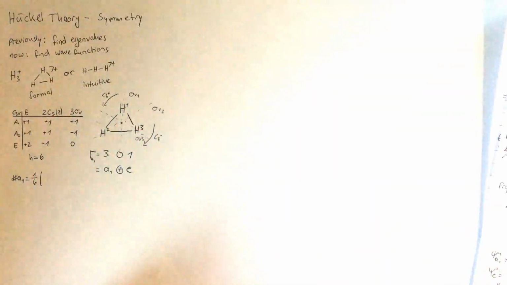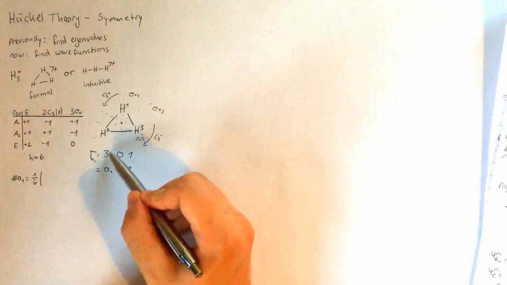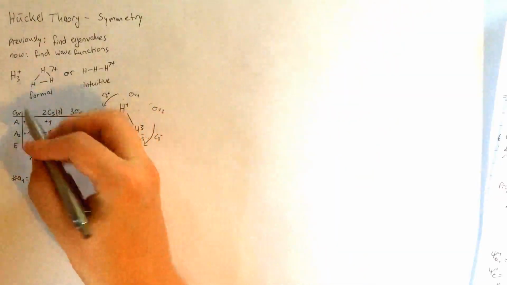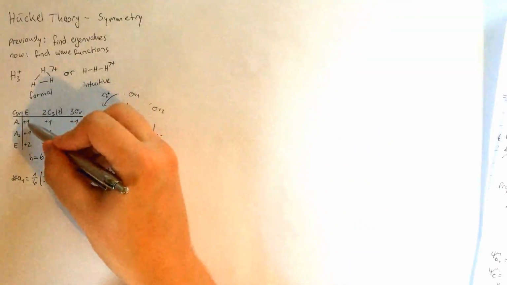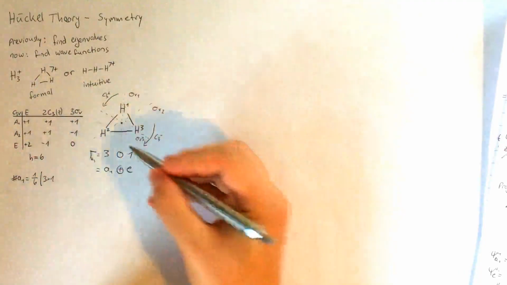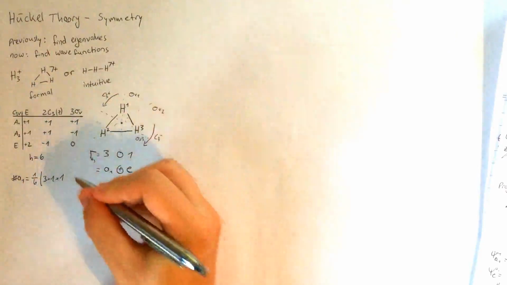And then what we do is we say the character of our representation is 3, and we times 3 times 1, because we're looking at A1, and the character for the identity of the irrep A1 is 1, so 3 times 1, and then we just have 1 times the identity.